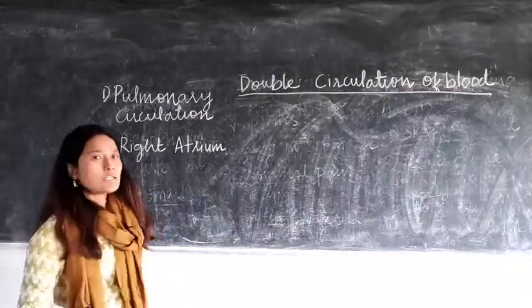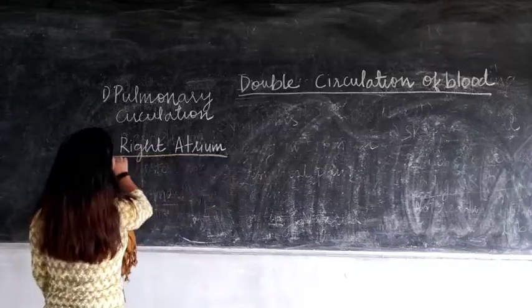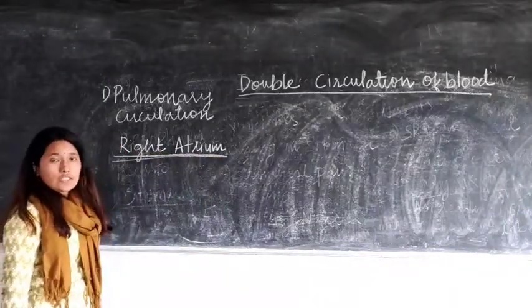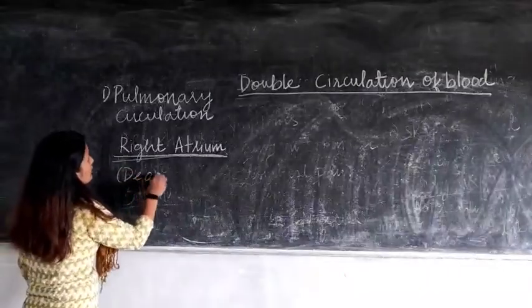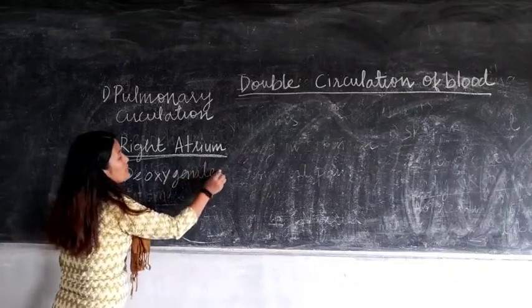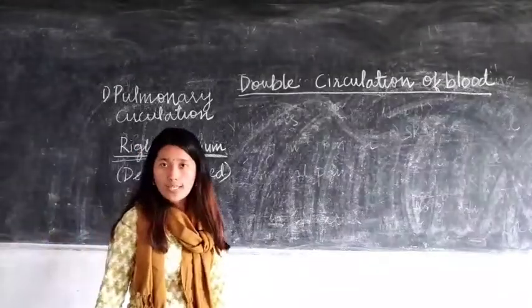Now, pulmonary circulation starts from here, when your right atrium receives deoxygenated blood. Keep in mind, it receives deoxygenated blood, that means the blood which is rich in carbon dioxide.